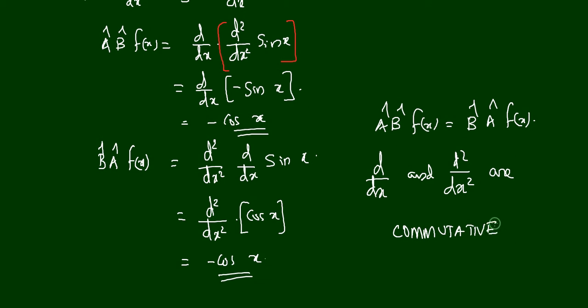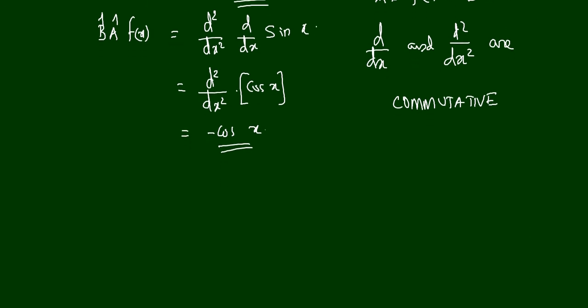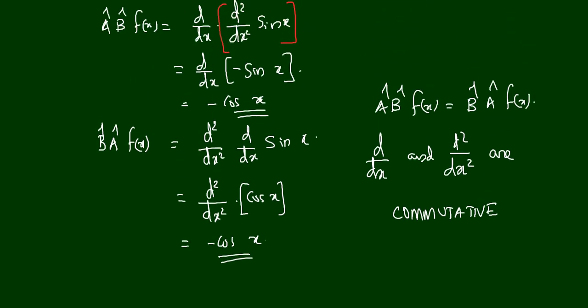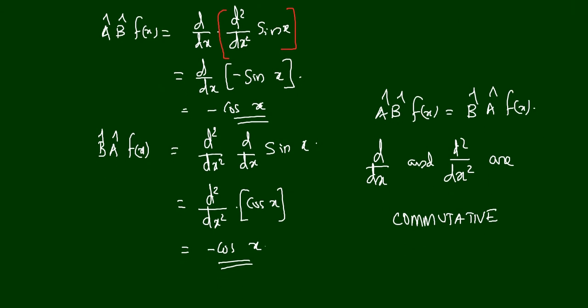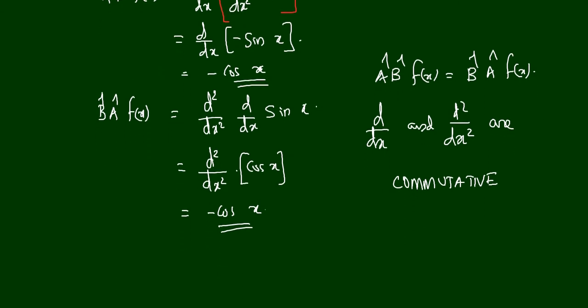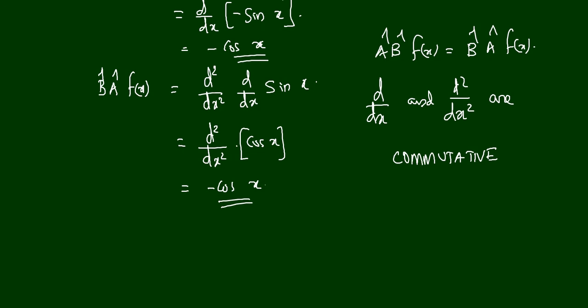Now you understood what is meant by commutative operators and non-commutative operators. If the sequence of operation doesn't matter, they are commutative. If the sequence of operation does matter, then they are non-commutative.